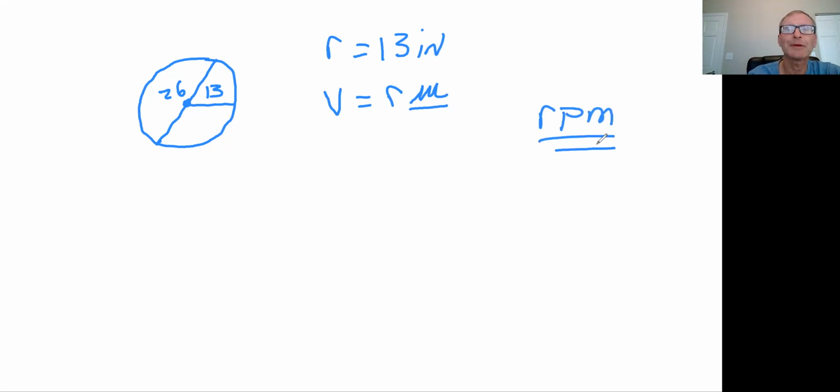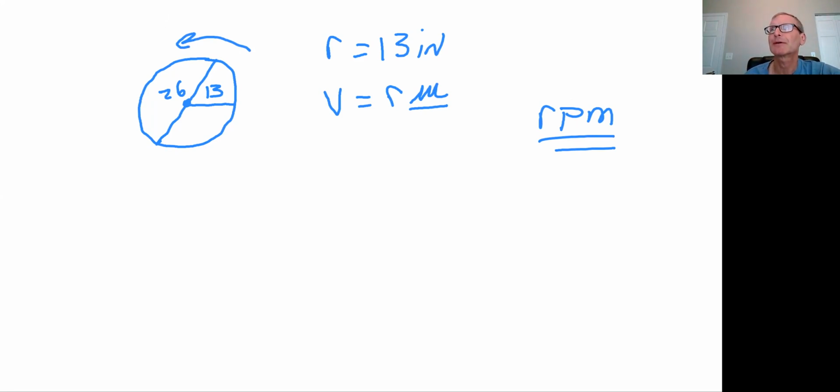It means that every revolution that this wheel turns, if you got out your stopwatch and counted how many times this wheel ran around, it basically would have to go around 125 times in 1 minute. And so that's what we mean by revolutions per minute. The wheel will be traveling, say, in the counterclockwise direction.